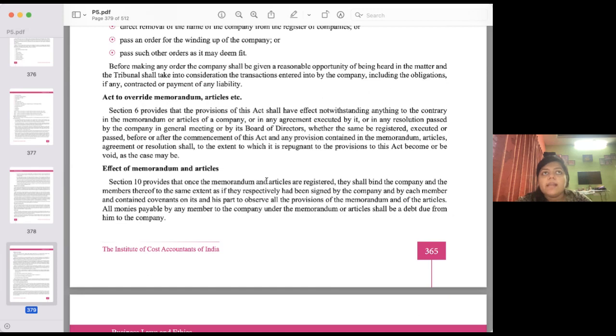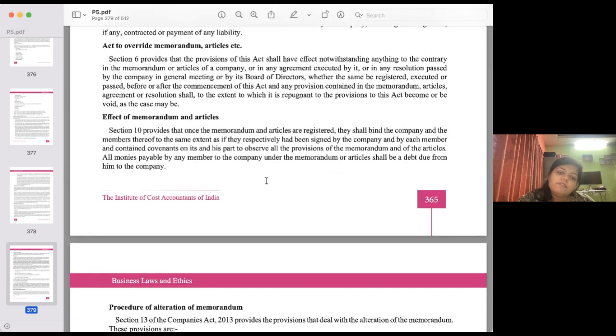You can't even regularize the act by incorporating it by amending your articles later on. So either you do that first, that is amending your articles or taking out a board resolution before, or you don't do it at all. The whole idea of acts that override is that it's very difficult for those acts to stand and make the company liable for them, because clearly they are outside the purview of powers of that particular company.